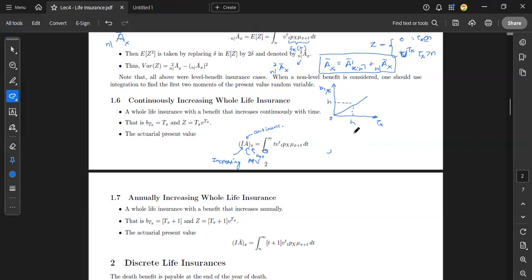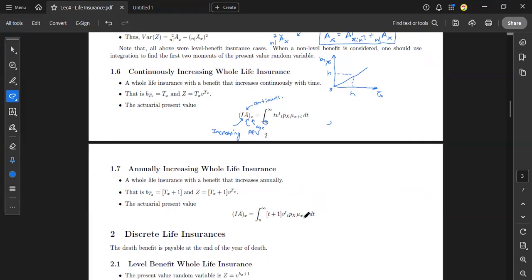You can define it for decreasing as well, and also for the annually increasing case.